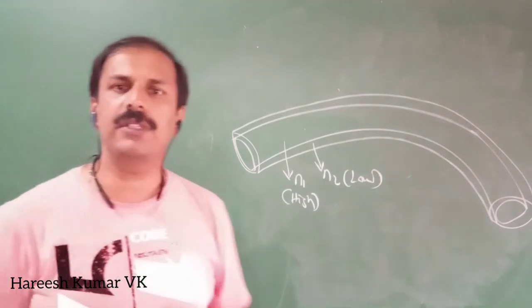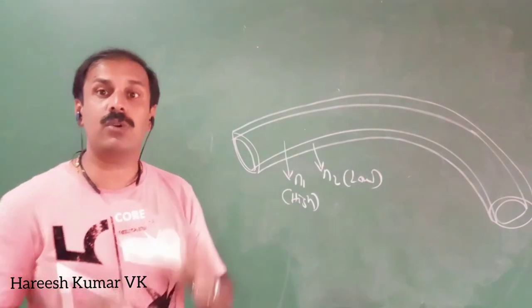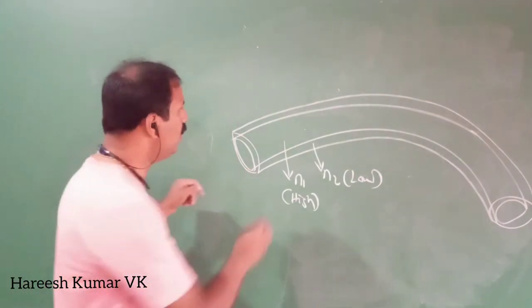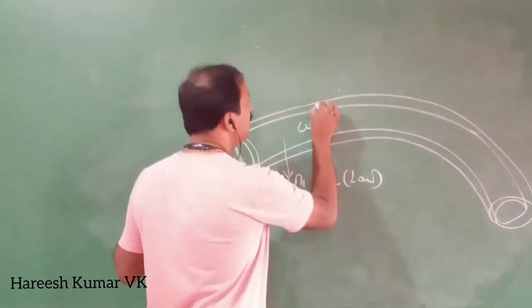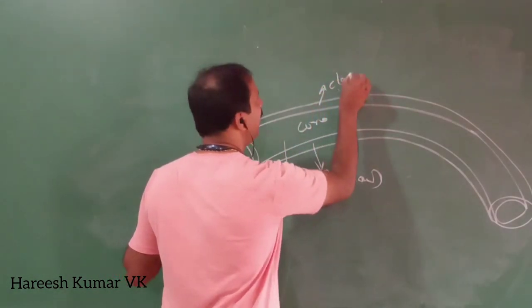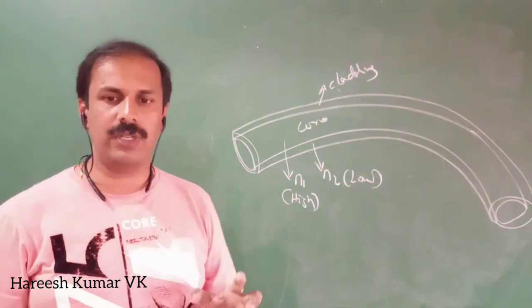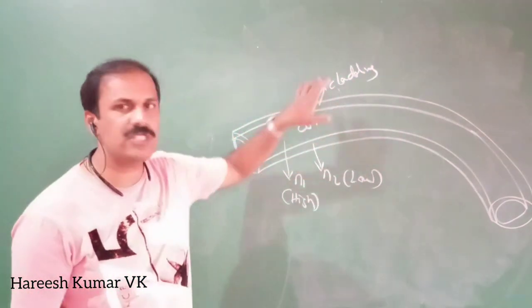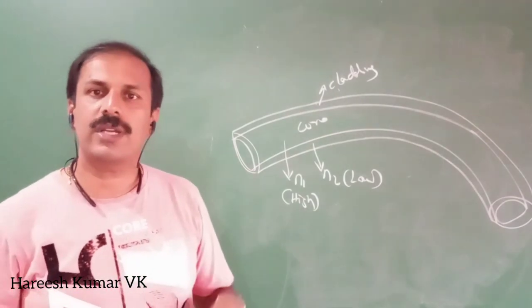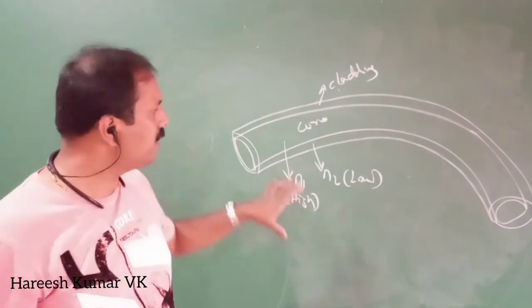The inside part with the high refractive index is called the core of the cable, and this outer one is called the cladding. So we have core and cladding, two parts. Cladding is the outside part and core is the inside part.